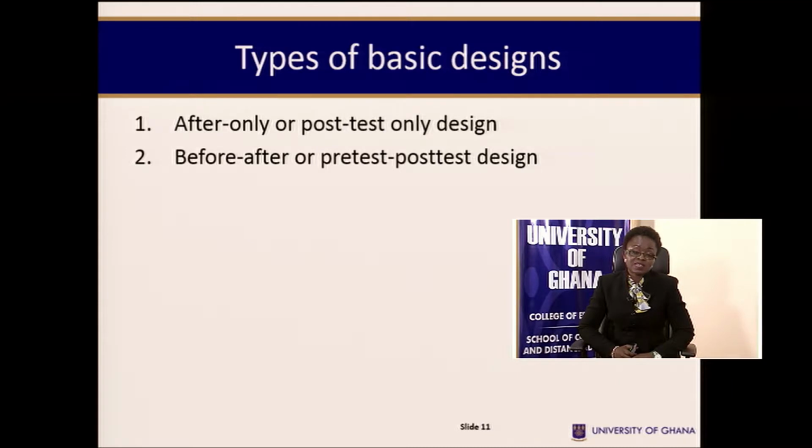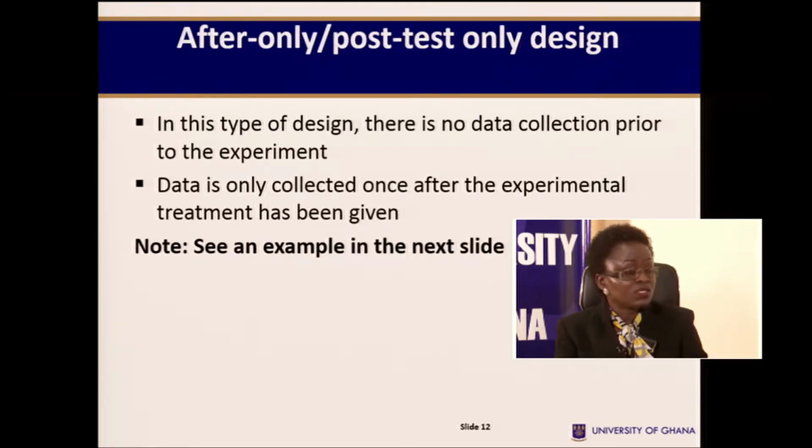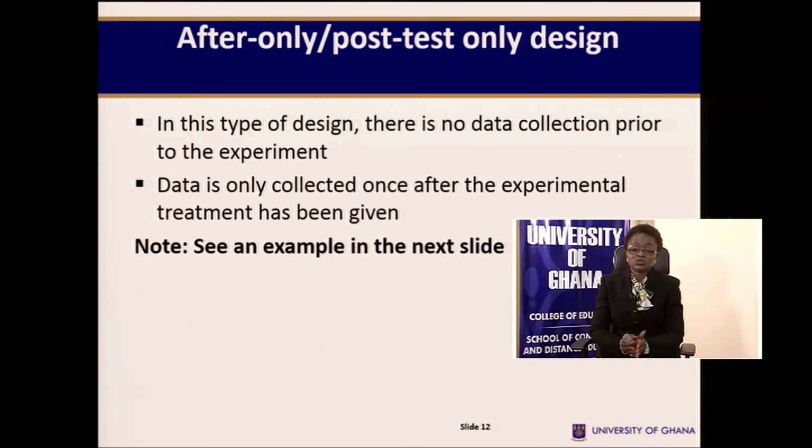There are two main types of basic designs: after only, or post-test only design, and before-after, or pre-test post-test designs. We will elaborate on each of them. Let's start with the first one, which is after only design. In this type of design, there is no data collection prior to the experiment. Let's take our minds back to the previous example that I gave.